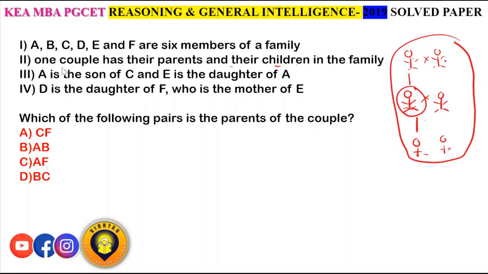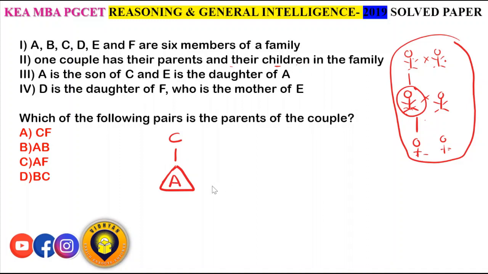Now first one is what? A is the son of C and E is the daughter of A. A is the son. Son means he is a male person, so I'll denote male as triangle. A is the son of C. You don't know what is the gender of C now.